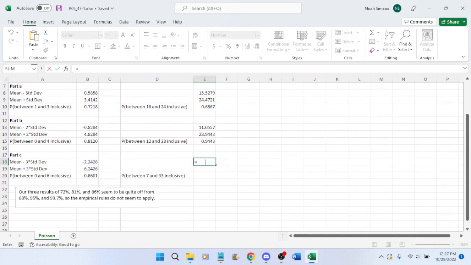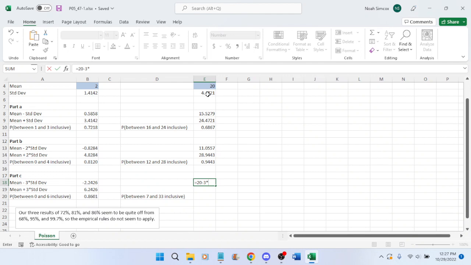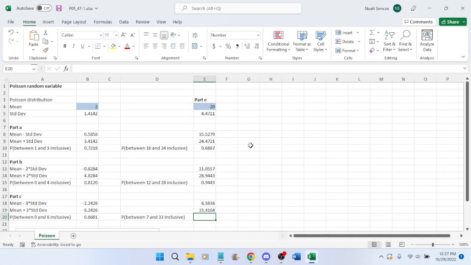So equals 20 minus 3 times this, and then equals 20 plus 3 times this.